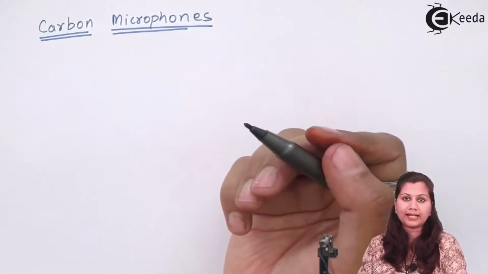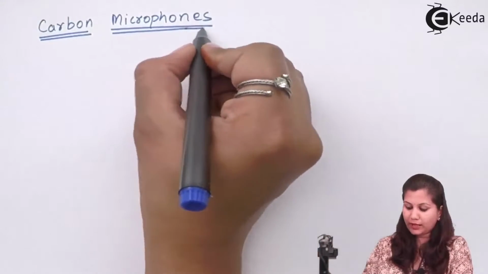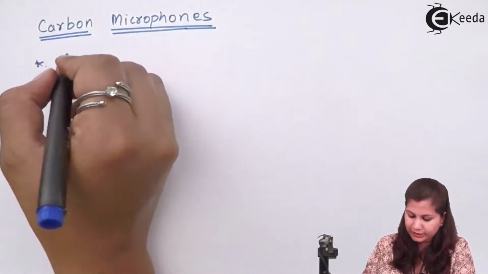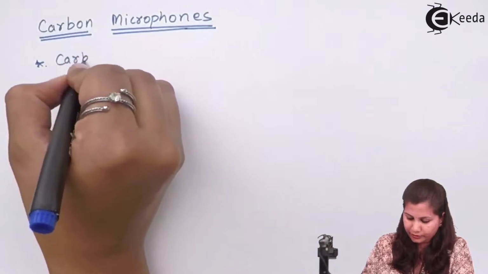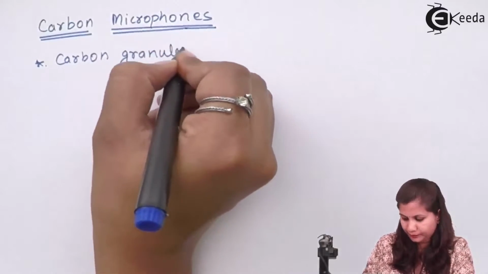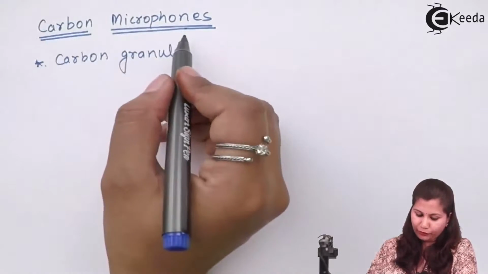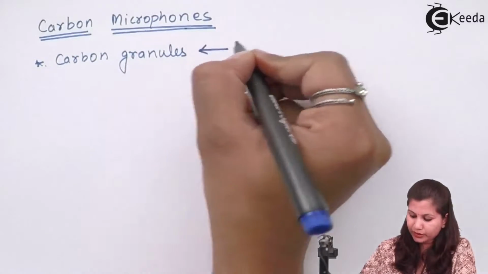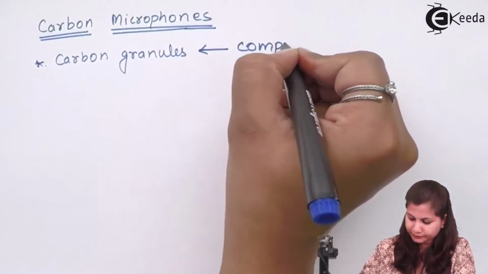Now, as I have said, in the carbon microphones, carbon granules are used. So let us see its construction. This carbon microphone consists of carbon granules, and these carbon granules are compressed.